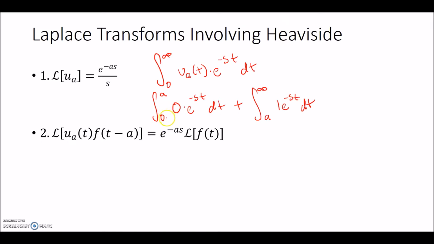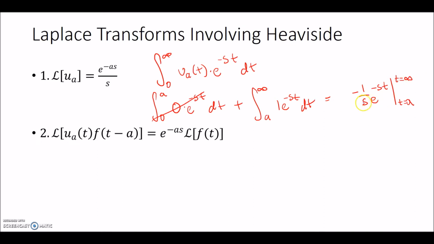The first integral is 0 because 0 times e to the negative st is 0, and there's no accumulation of area along that region, so now we just need to integrate this. The integral of e to the negative st is negative 1 over s times e to the negative st, and this needs to be evaluated from t equals 0 to t equals infinity.